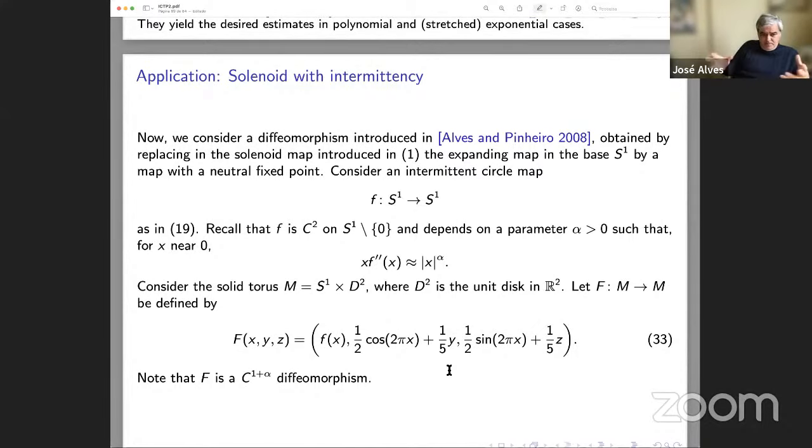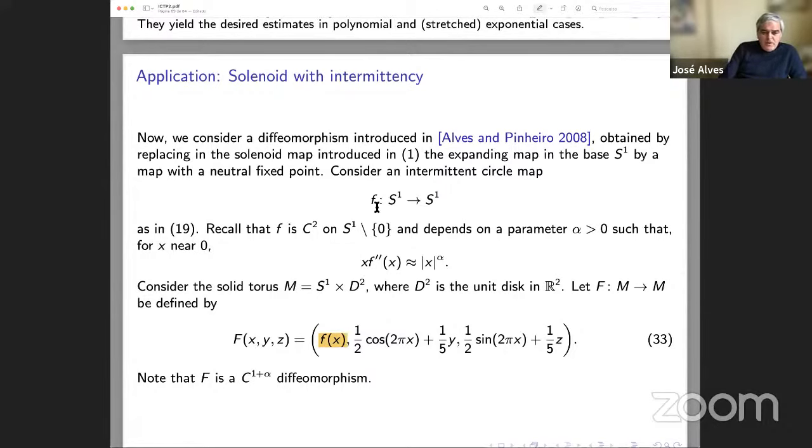In this way, we obtain the usual solenoid map, a diffeomorphism from the solid torus into the image. And this new system is essentially you go to the solenoid map and you replace the dynamics in the base. So we can think of the solid torus as a product, and the solenoid as a skew product in this product system.